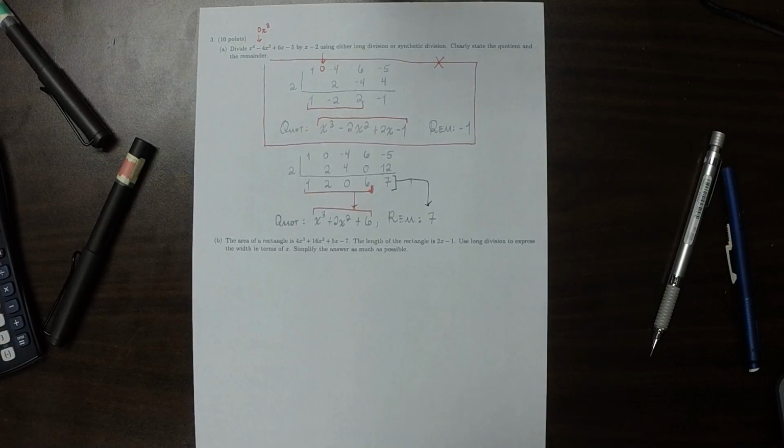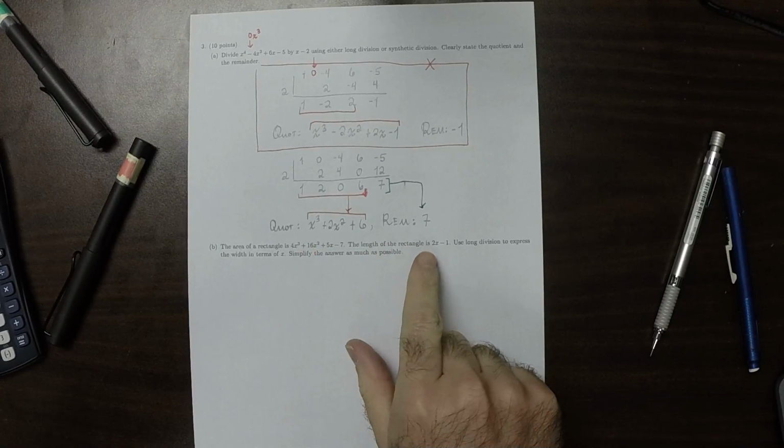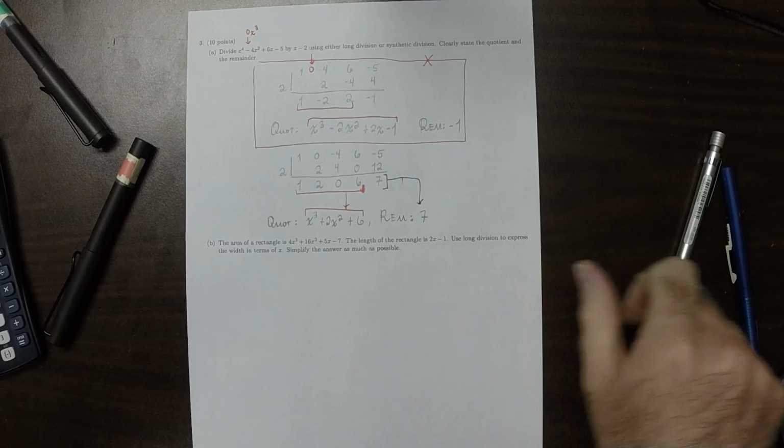Okay, so now the area of a rectangle is that, and the length of the rectangle is that.